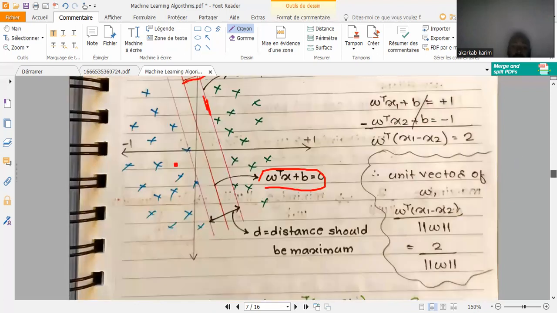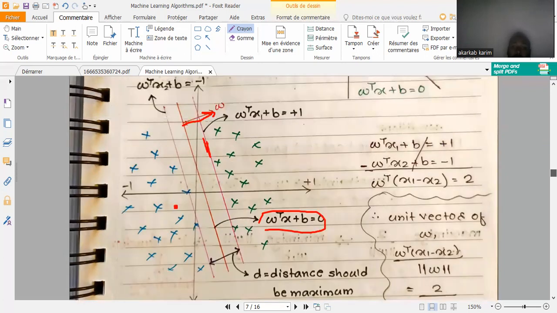Well, how can we find this equidistance? The idea is to maximize this distance right here. To do that, we take the first equation for this marginal point, W transpose x1 plus b equals plus 1, and W transpose x2 plus b equals minus 1, and we subtract one from the other.